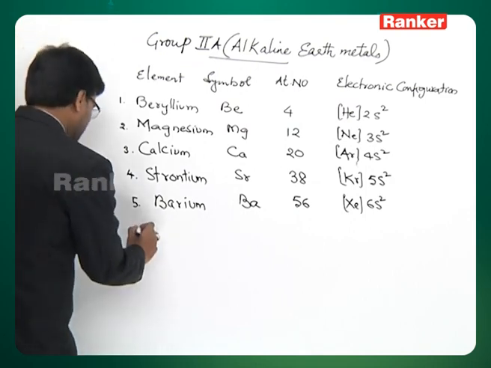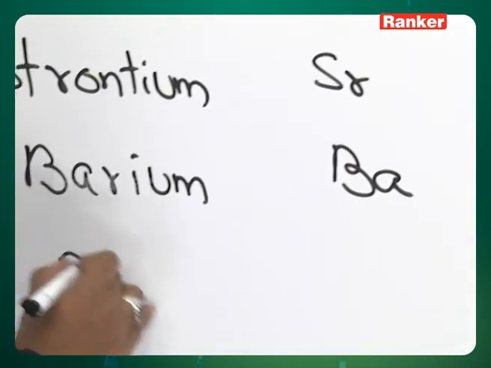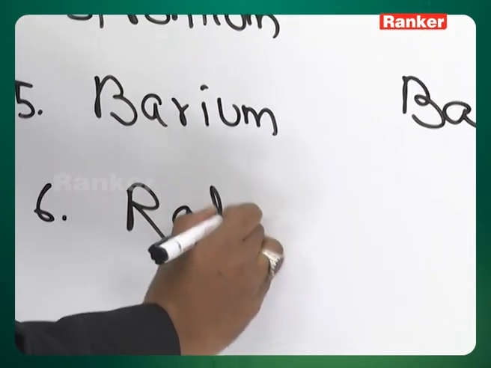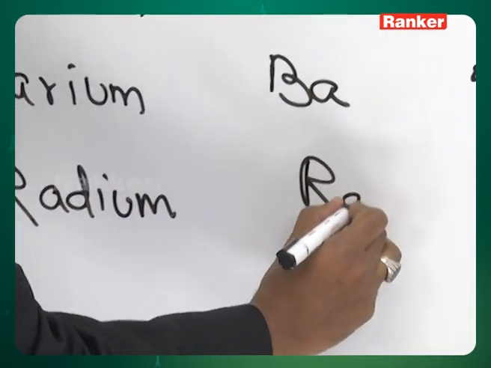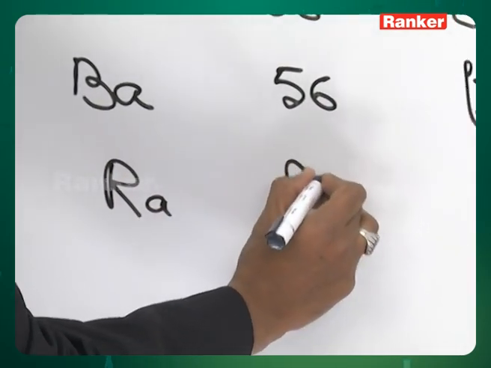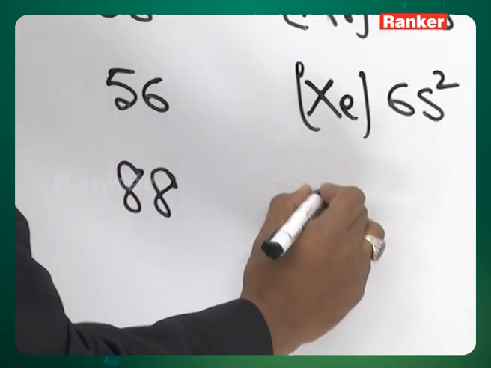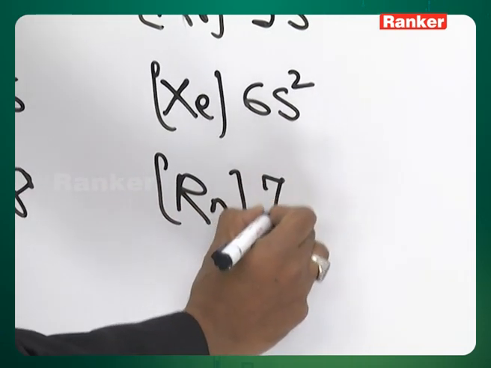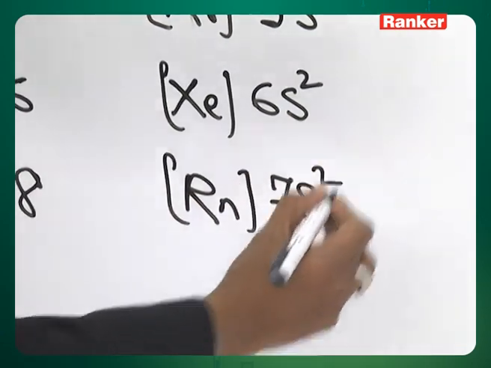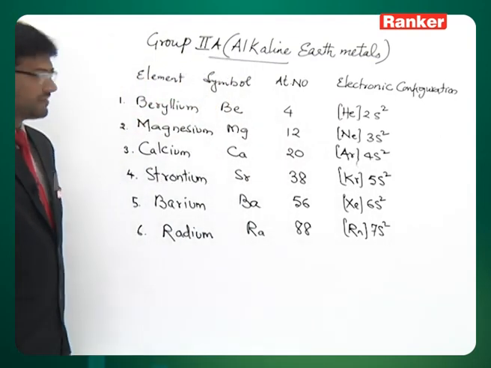The last element in the list is radium, Ra, 88. It has got radon core, 2 electrons in the 7s subshell.